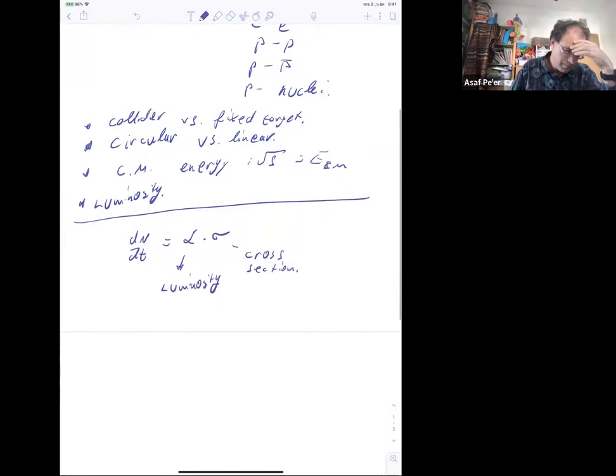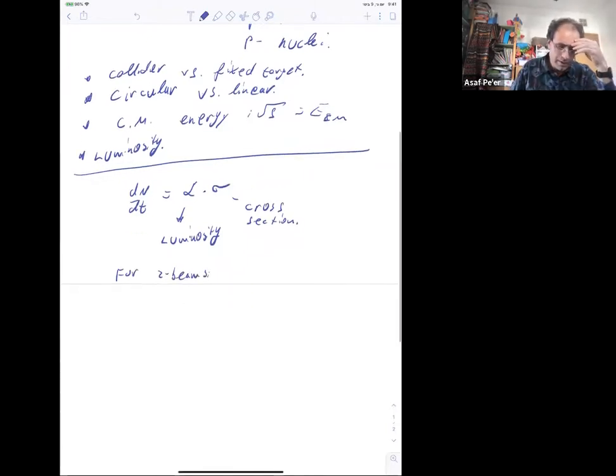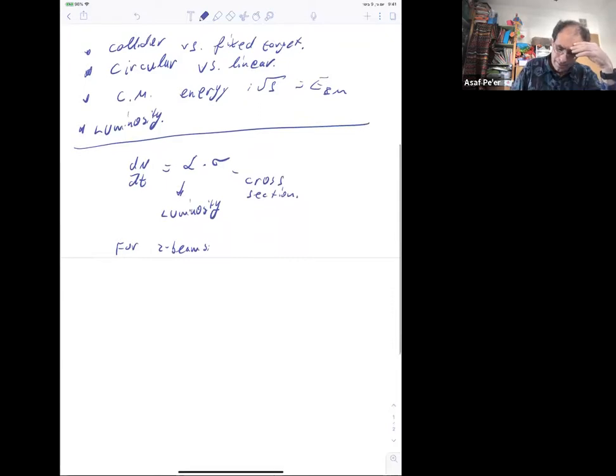If we have two beams, the luminosity is the total number of particles in the first beam times the total number of particles in the second beam, divided by the cross-sectional area, times f, the collision rate.